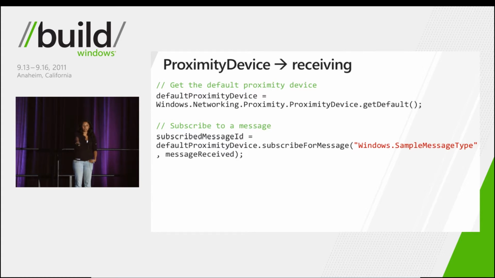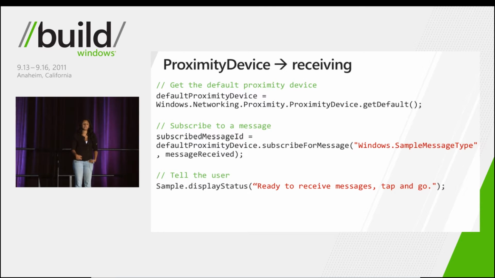And that message call is the exact same, except this time it says subscribe for message. And of course, the last point is to tell the user, I'm ready to receive messages, tap and go. So you can see with really 5 simple steps, you can get access to the default device and be able to do your own message management yourself, which is kind of cool because we don't want you to have to burden yourselves with any other types of API calls.